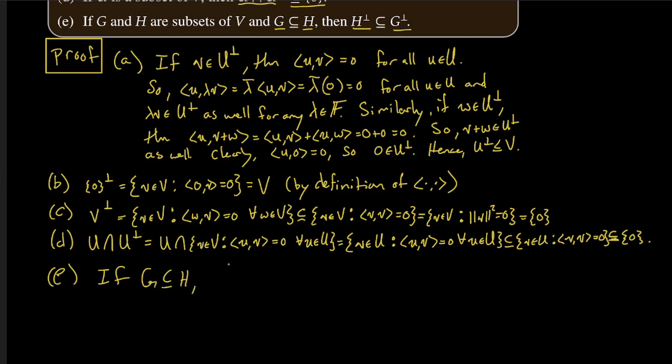If G is a subset of H, then think about this. H perp is just the subset of all V's in V such that the inner product of h and V is 0 for all h's in big H.